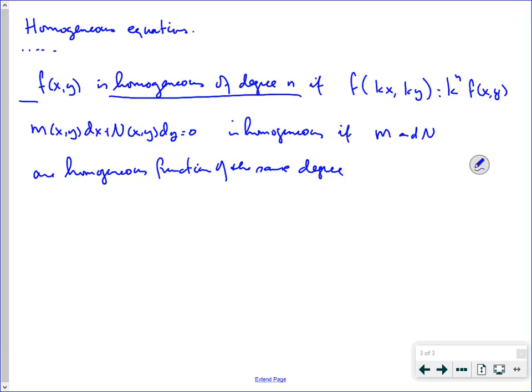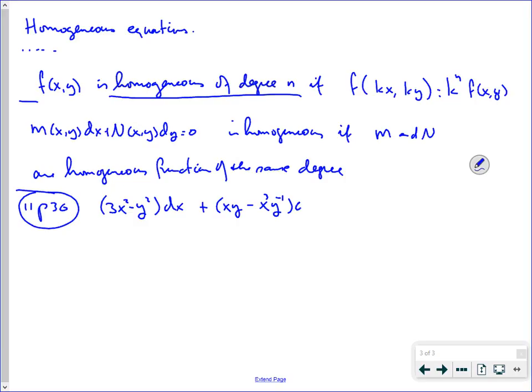This is number 11, page 36. It's (3x squared minus y squared) dx plus (xy minus x cubed y to the minus 1) dy equals 0.